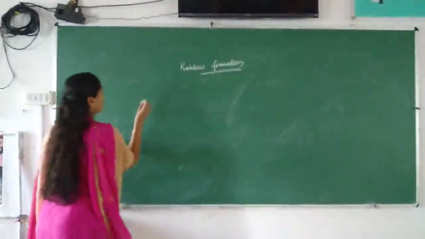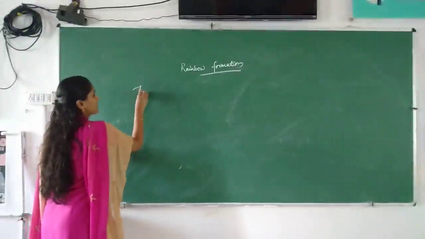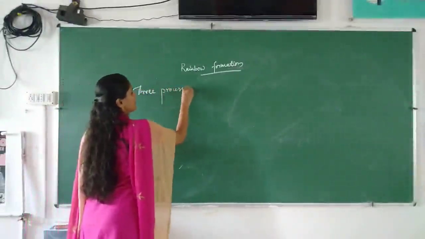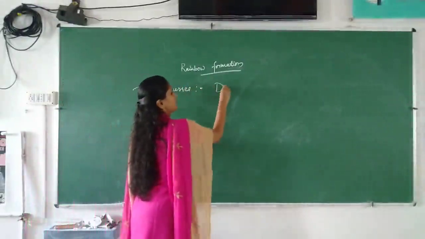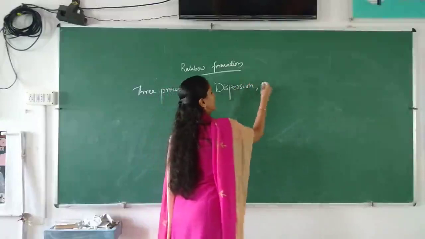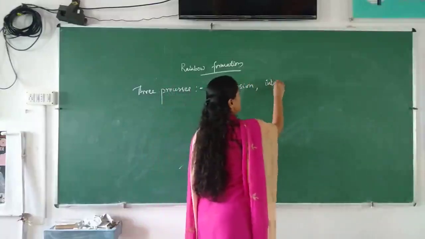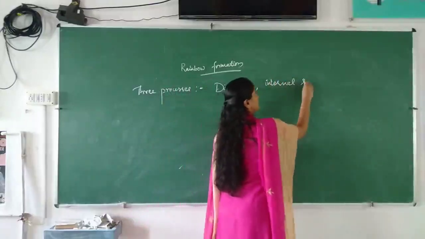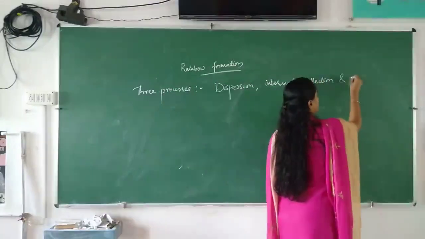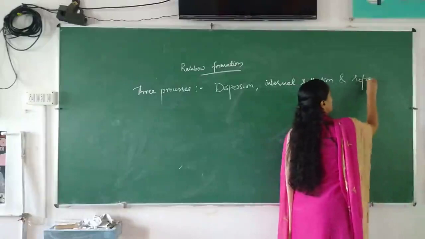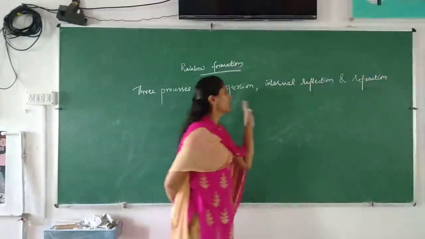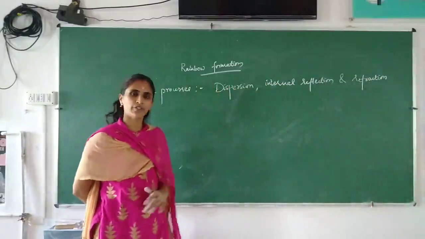For rainbow formation, three processes are there: dispersion, internal reflection, and refraction. For the rainbow to form, these three processes are needed.